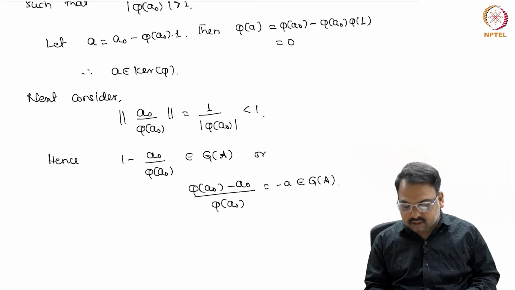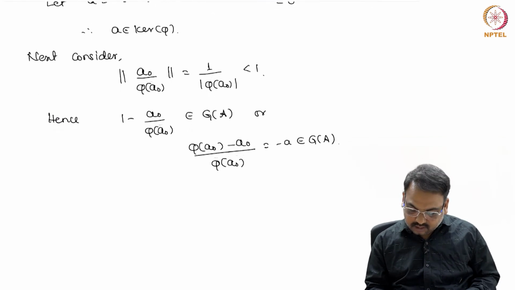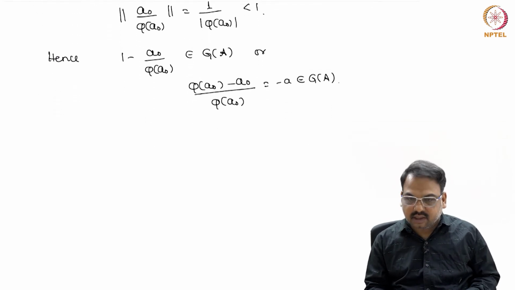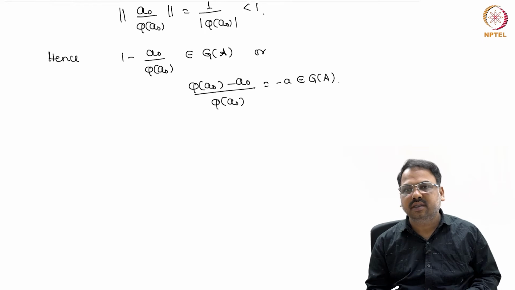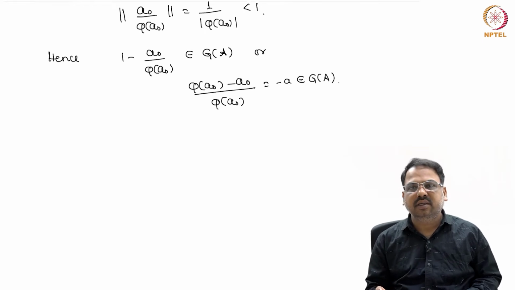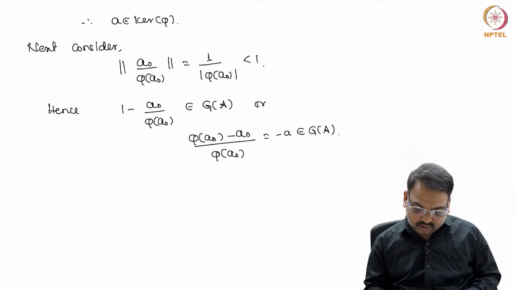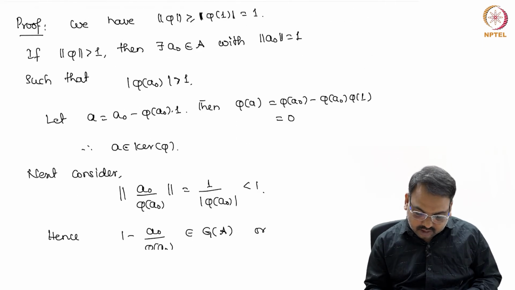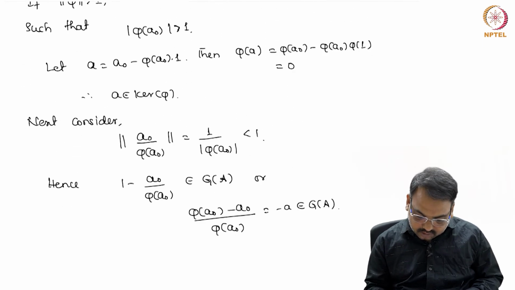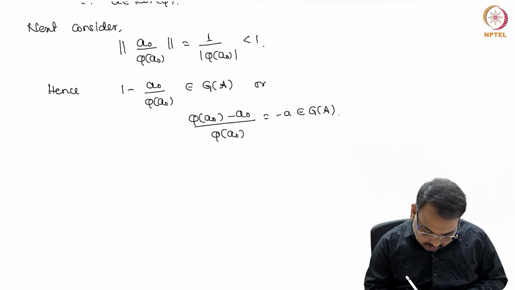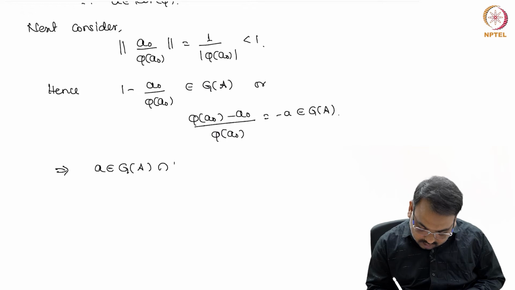But we know that a is coming from the kernel, and kernel is an ideal. If an ideal contains an invertible element, it also contains the unit element 1, hence it has to be the full algebra A. So this implies that a is in G(A) intersection kernel phi.